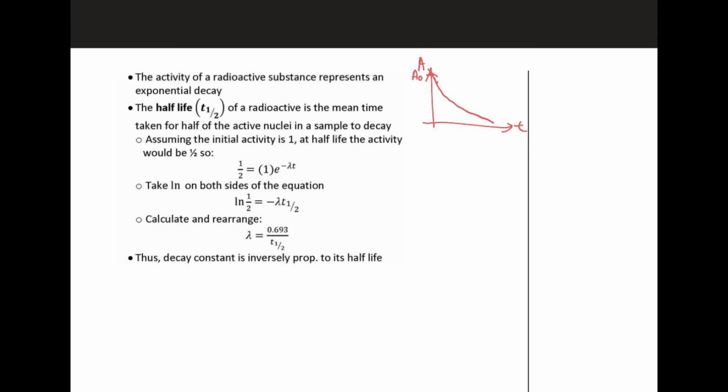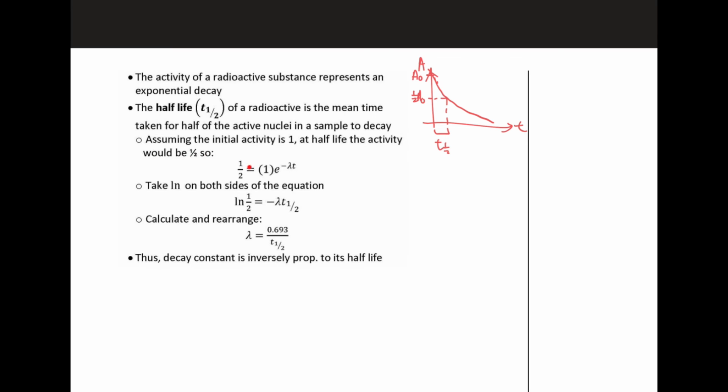So this is A naught. Half of the A naught is here. So this time is half-life. So half-life is where the activity decreases to half. Assuming the initial activity is 1, then half will be 0.5. So at half-life, the activity would be 0.5.